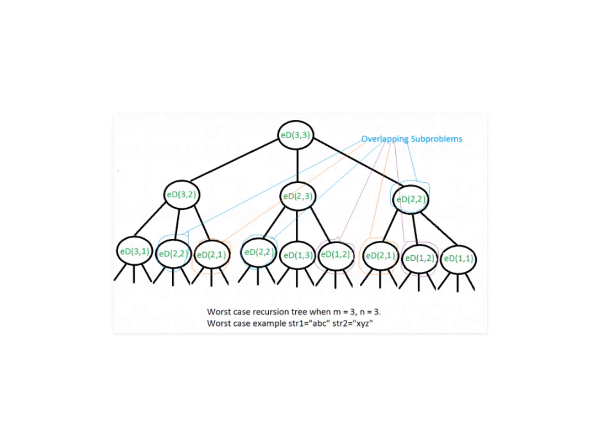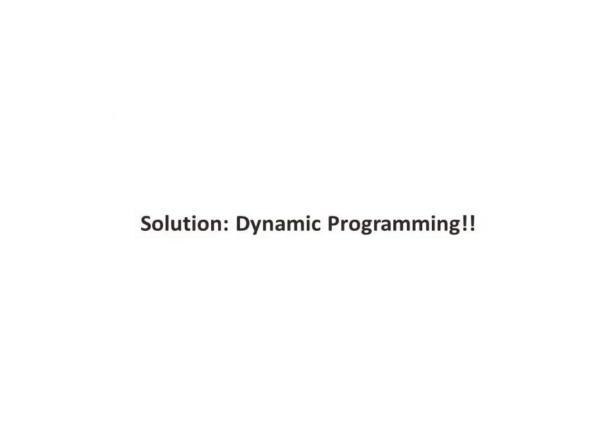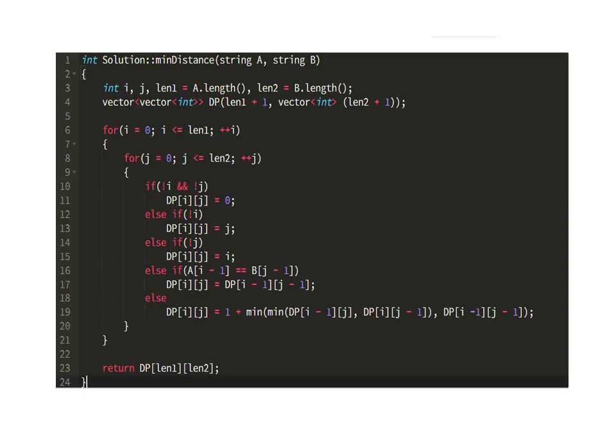We only need to solve m into n problems. So what does this approach remind you of? Please take some time to think about it. Now I hope you've thought about it, and the solution is dynamic programming.